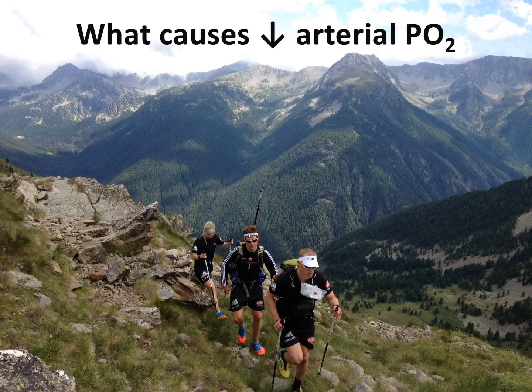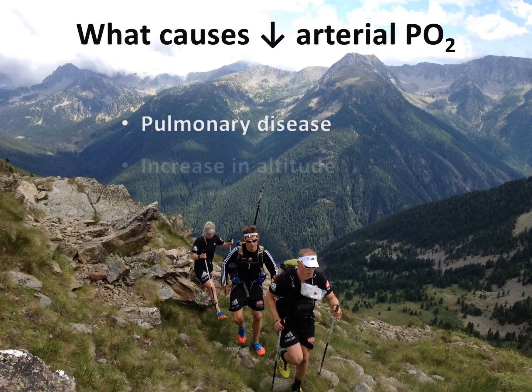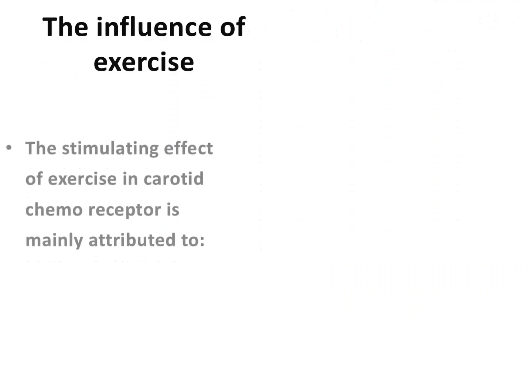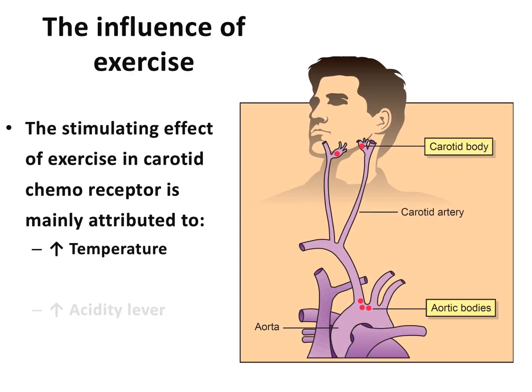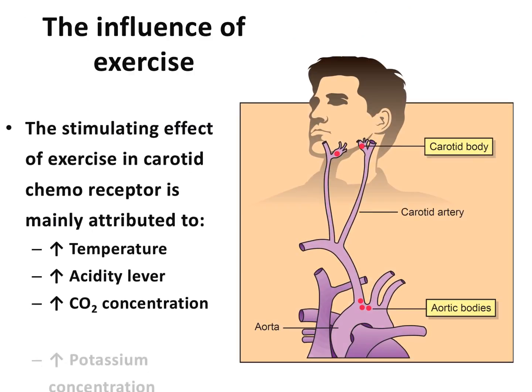What causes hypoxia? Pulmonary disease like COPD, chronic obstructive pulmonary disease, and high altitudes. Exercise causes an increased ventilation due to increases in temperature, acidity, carbon dioxide, and potassium concentration that are observed by the carotid chemoreceptor.